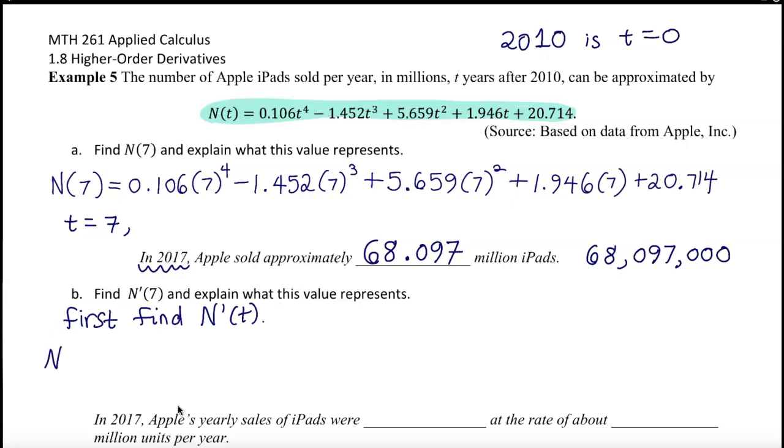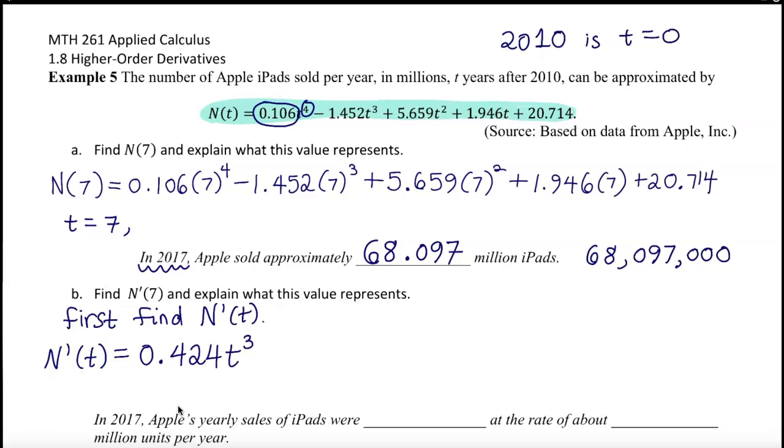So what is the derivative function for that iPad number function? Let me go ahead and multiply 4 times 0.106. The new leading coefficient is 0.424 t to the 3rd power, right?